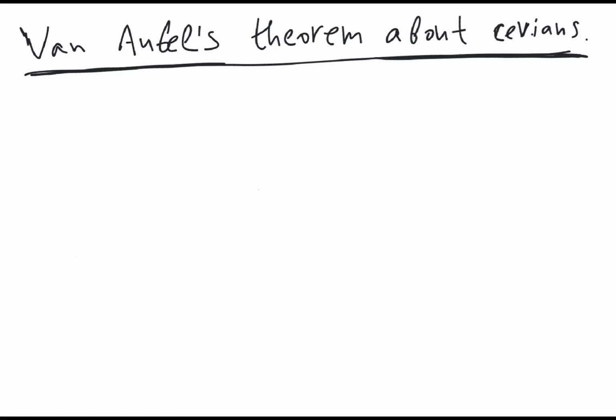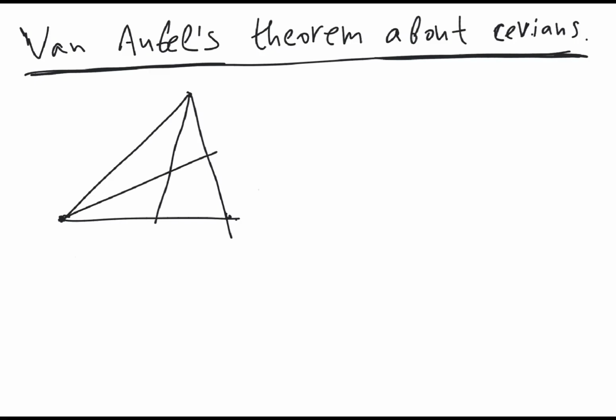So basically we have a triangle and we have cevians in this triangle, which means segments connecting the vertices with points on the other sides or extensions of the other sides that intersect at a single point. So like this.